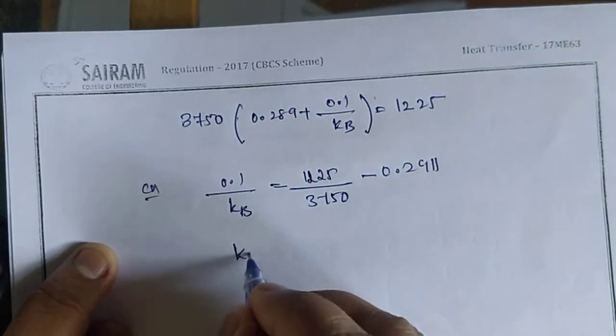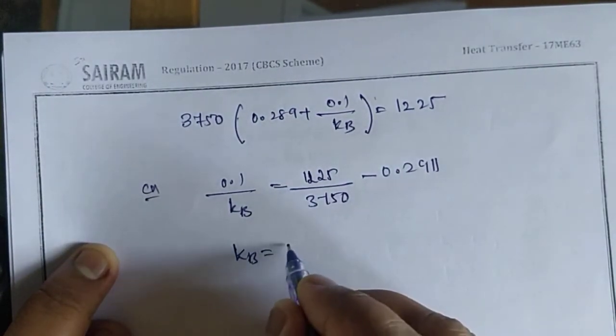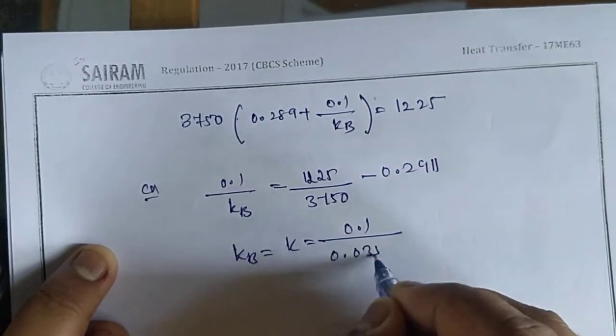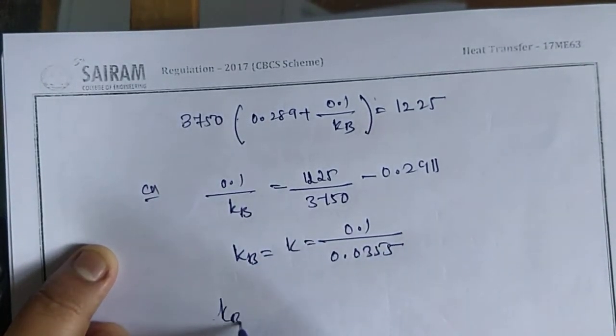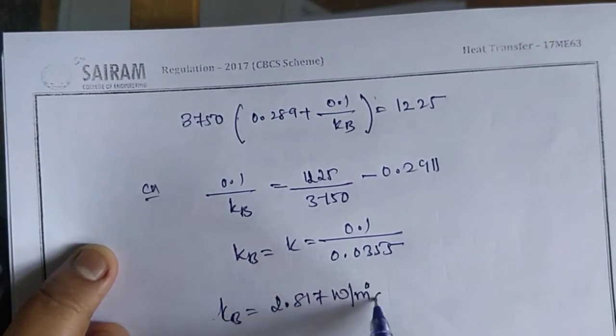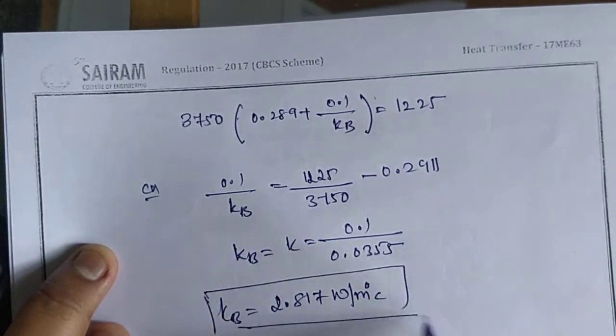So KB becomes 0.1 divided by 0.0355. So KB finally is 2.817 watt per meter degree centigrade. This is the thermal conductivity.